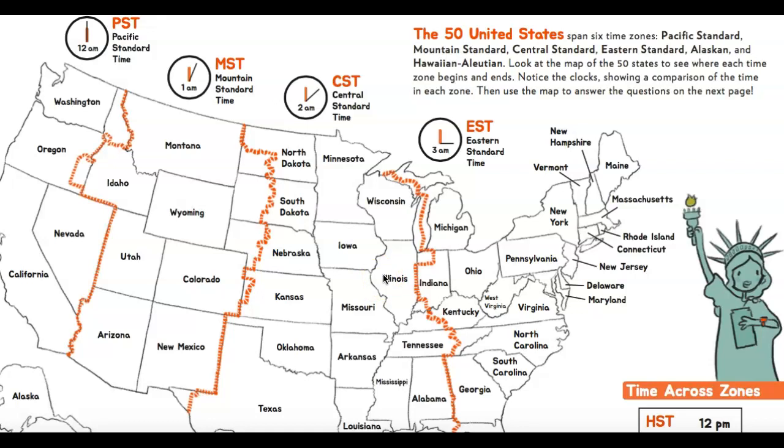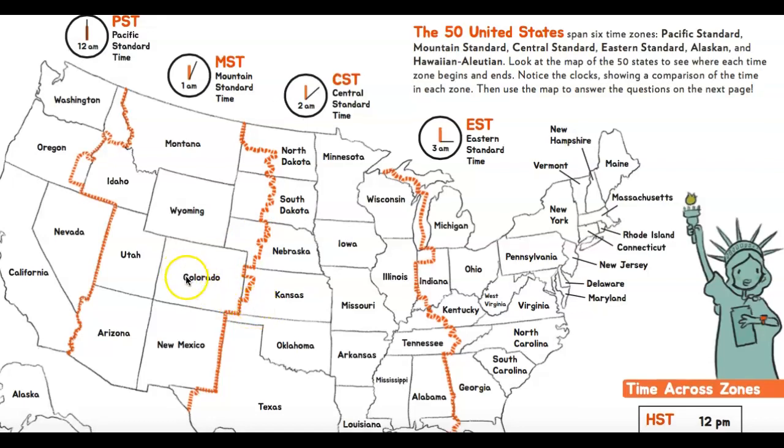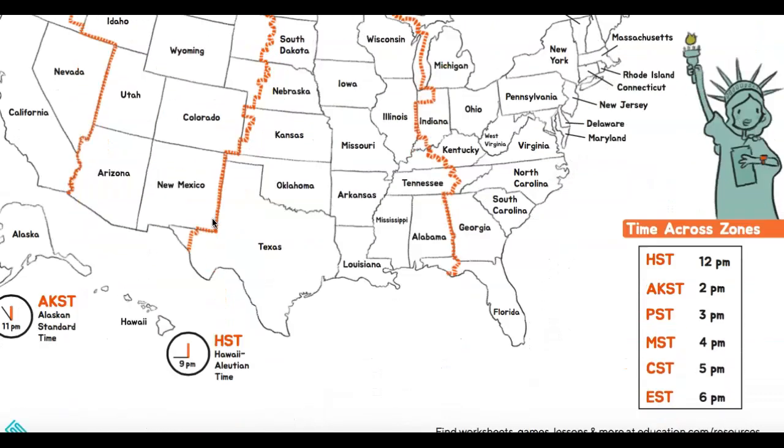Well, Colorado is just 1 hour difference. So when she arrived here at 2:45, it would have been 1:45 here on Wednesday. So then we have to still go back 24 hours. So she left at 1:45 p.m. on Tuesday. Okay?